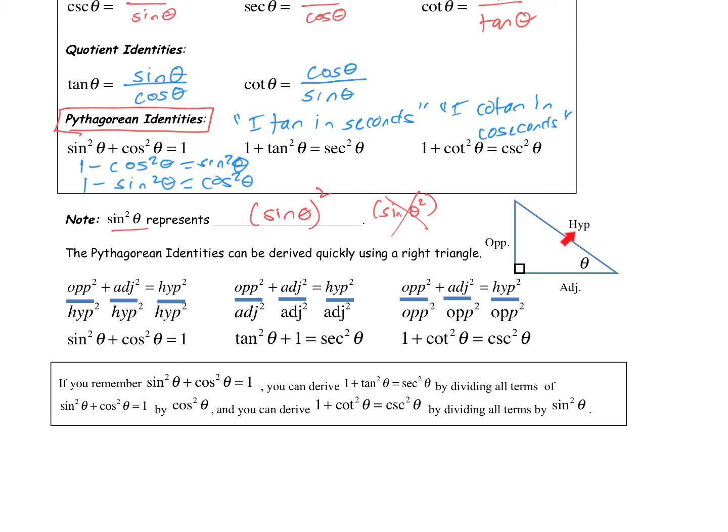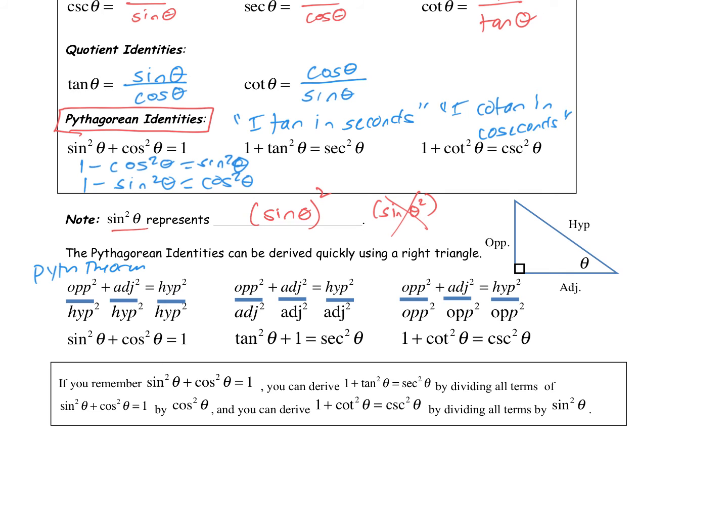And the c is the hypotenuse. So we would start here with the Pythagorean theorem. We would have opposite squared plus adjacent squared is hypotenuse squared. That's the same thing as a squared plus b squared equals c squared.